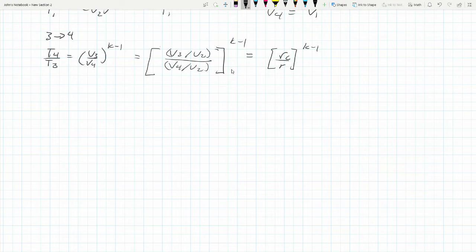Now, when you're dealing with diesel cycles, as with Otto cycles, you're also dealing with cold air standard.